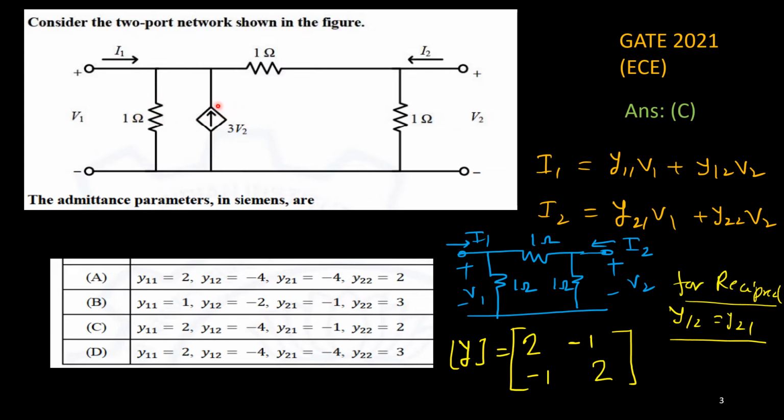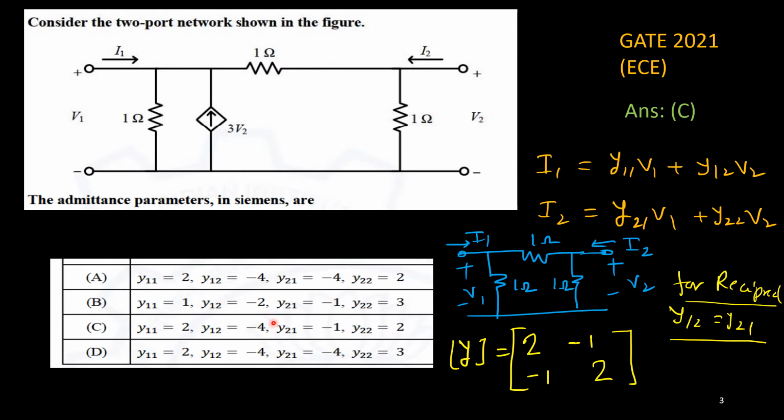So this dependent source will not have any effect on the short circuit output admittance. It will remain like a pi network, that means it is 2 again. So input admittance is 2 and output admittance also remains 2. So the only thing is that these two, Y12 and Y21, we need to find out.